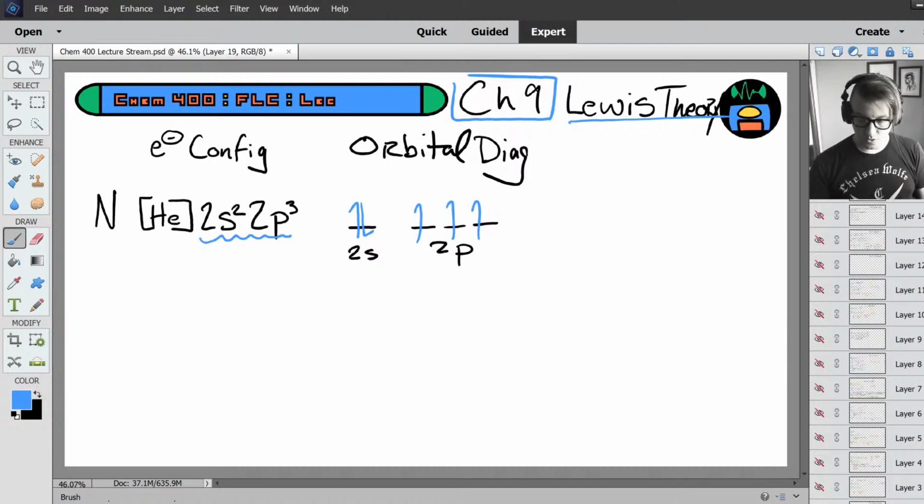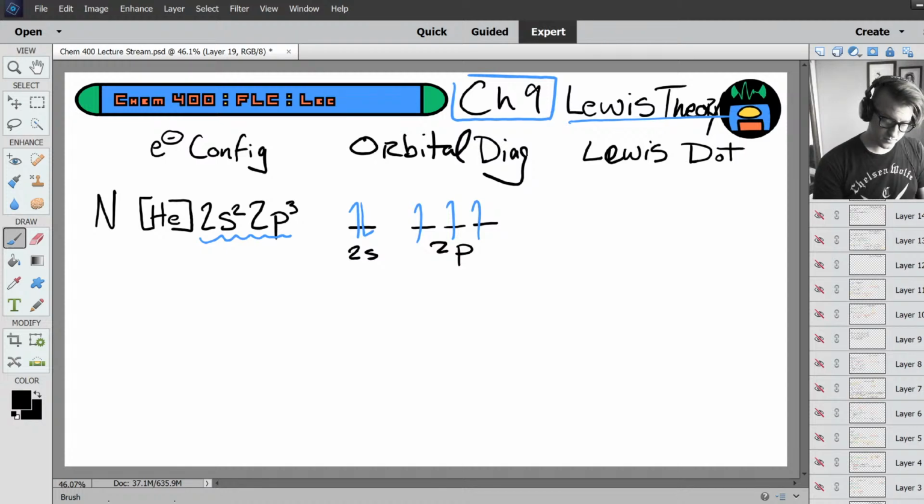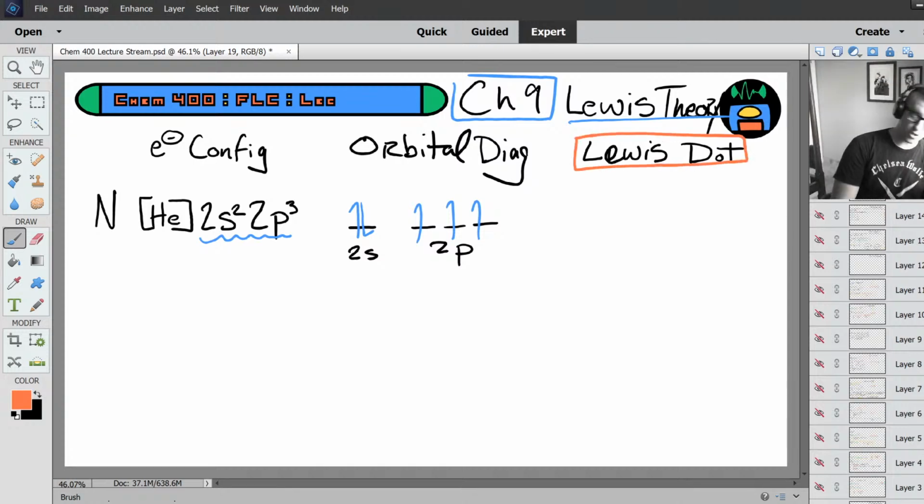All right. Now, the Lewis dot structure is a way of depicting atomic structure. And we're starting with atomic. We're going to move to molecular, but we're starting with atomic. The Lewis dot structure for an atom also only focuses on valence electrons, just like the orbital diagram. All right?